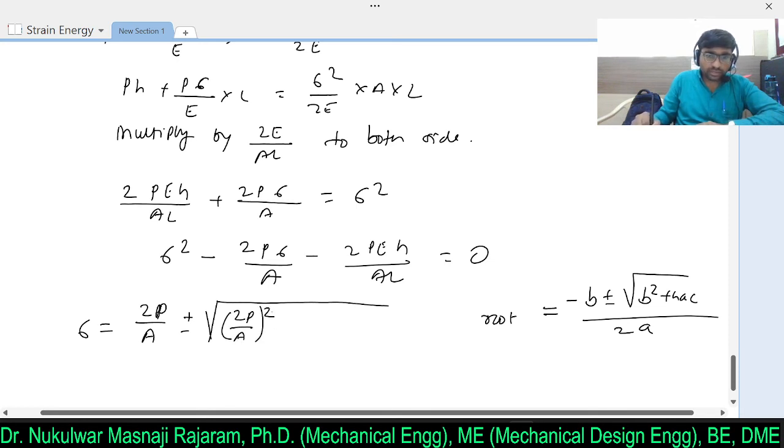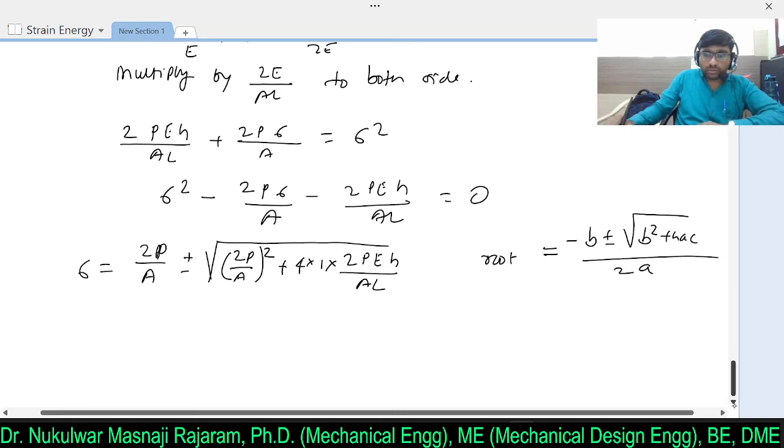It's minus, but if you consider the square, then it will become positive. So I am writing positive plus 4. Value of a is 1. So 4a into 2PEH divided by AL. Simple.